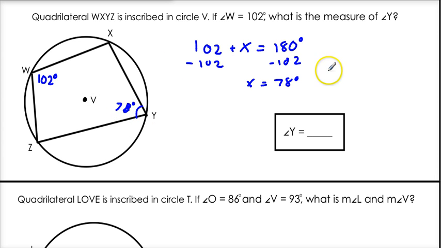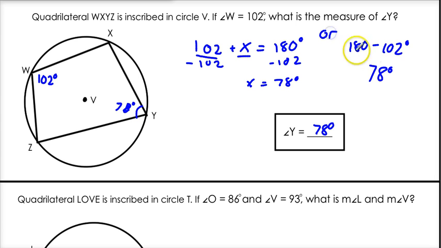Now another easier way to do that is just to do 180 minus the angle you know. So 180 minus 102 equals 78 degrees. So angle Y is 78. Two ways to do it. You can set up your equation 102 plus X equals 180, or you could just do 180 minus the angle you know. I prefer doing it this way, just a little easier.